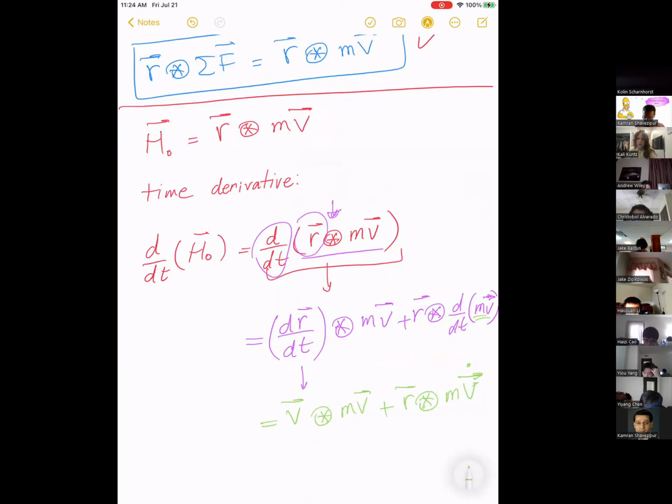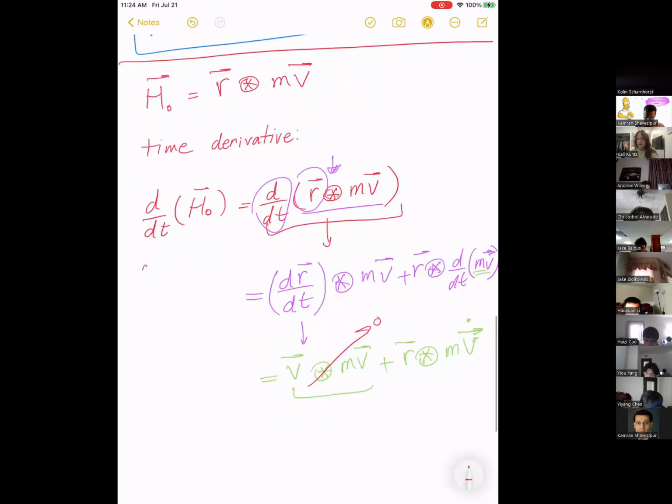Now someone tell me how much is this guy? Isn't that 0? Why? Because v and v are in the same direction. The cross product of any vector with itself is going to have sine of theta, and the sine of theta is 0. So technically, this is going to be 0.